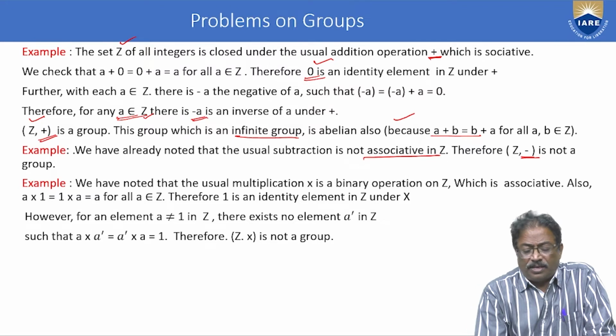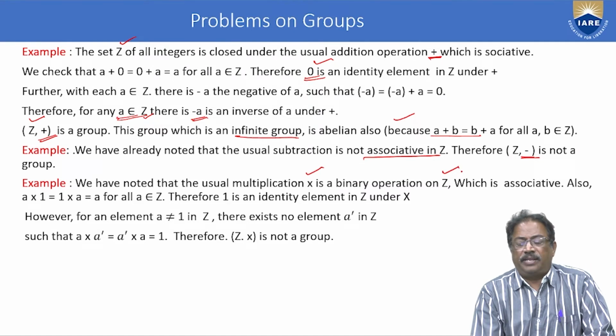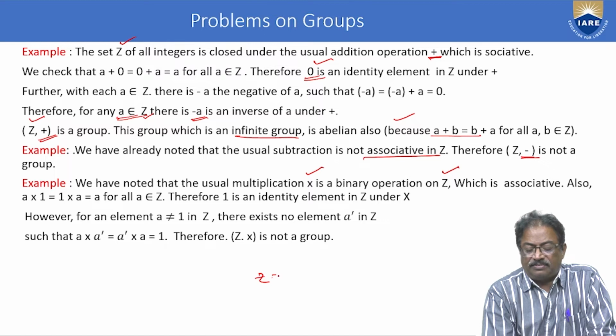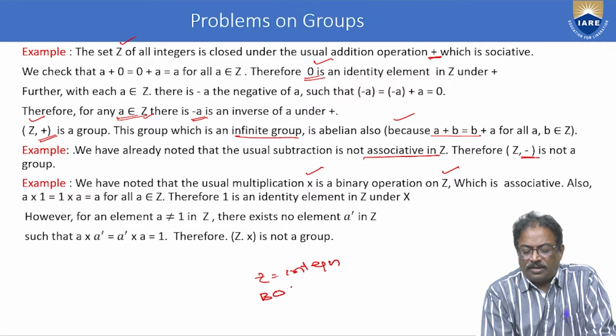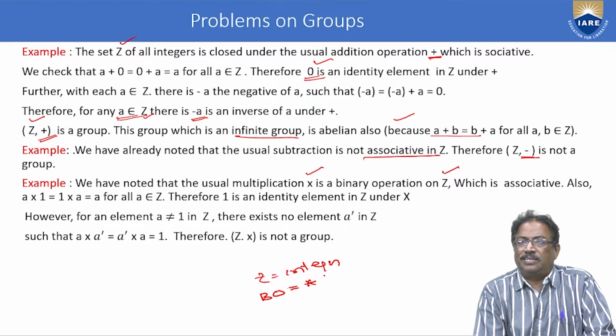Now the other one is the usual multiplication. Here, Z is the integer set and star is the binary operation of multiplication.